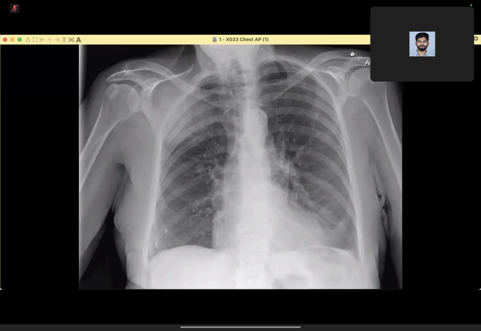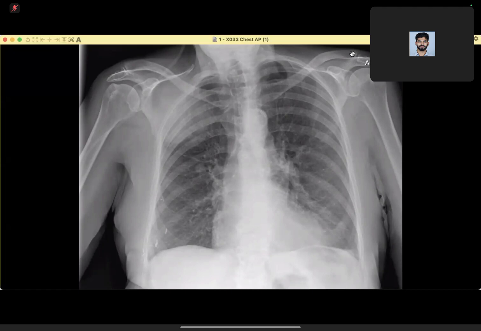Looking through the rest of the lung parenchyma, I could also appreciate a small nodule in the right perihilar location. Bilateral costophrenic and cardiophrenic angles are normal. There is mild widening in the superior mediastinum. I'm looking through the rest of the bones also.